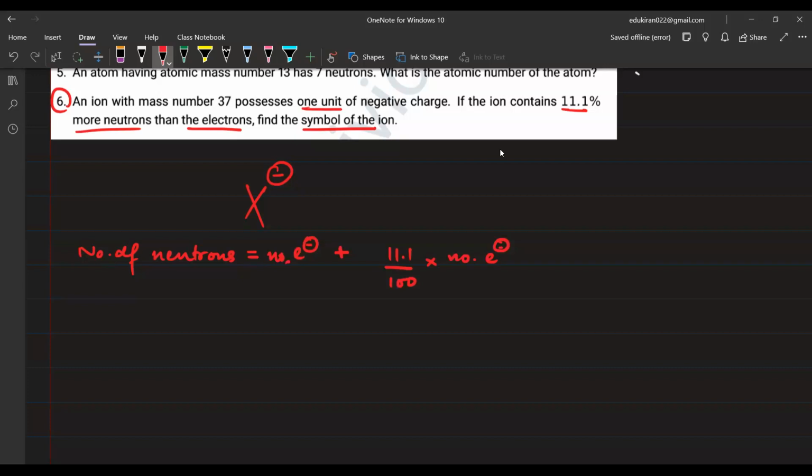And then it is saying that it is having a negative charge also, 1 unit negative charge. So we are talking about ions, right? And then it is saying find the symbol of the ion. Mass number is equal to, so I can also write, mass number is equal to number of neutrons plus number of protons.